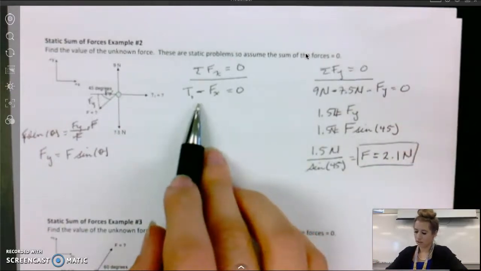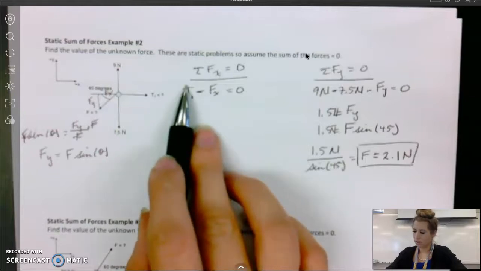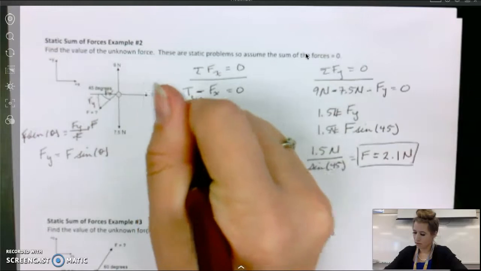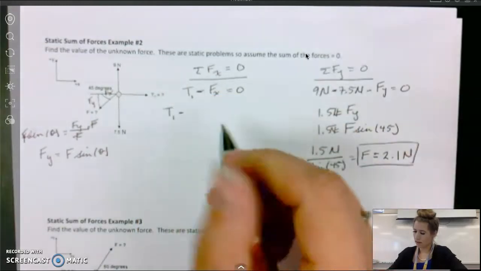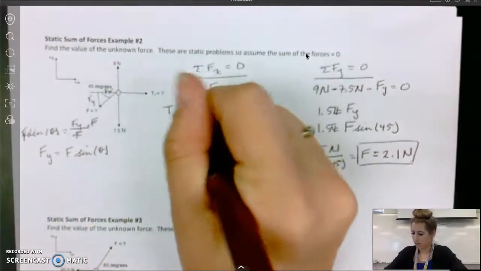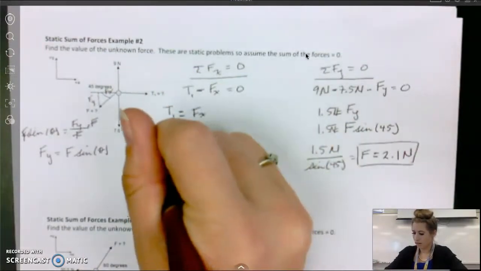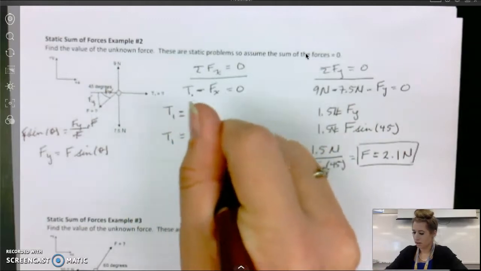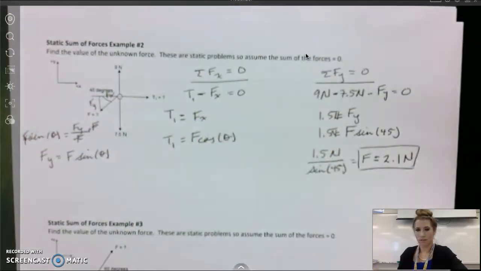Now let's look at the x direction. T1, we're not sure what it is, but what can we do with f sub x? So we have T1 minus f sub x. But what if we add that to the other side? So it would be T1 is equal to f sub x, or T1 is equal to f cosine theta, right?